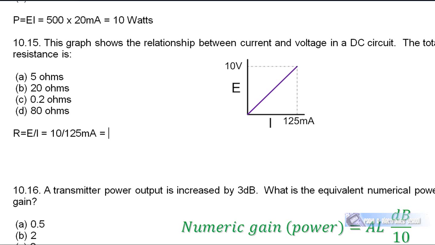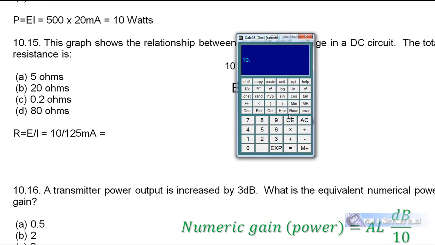Now you could say 10 multiplied by 125 over 1000 would give you the same answer as I'm about to get, but I'm going to enter it in the calculator. So 10 divided by 125 milliamps. 125 milli is exponent minus 3 equals, and the answer is 80 ohms.